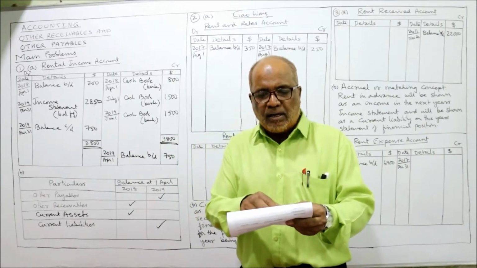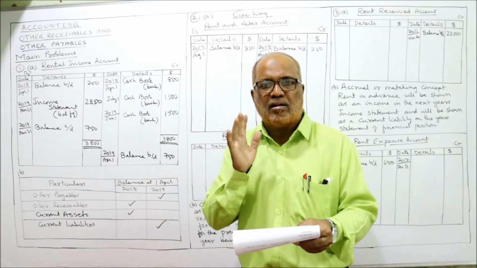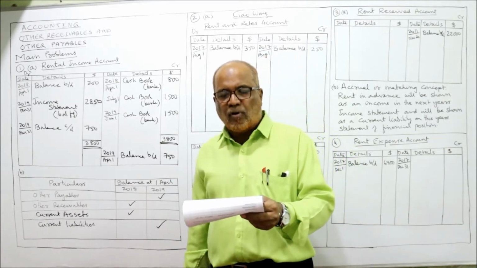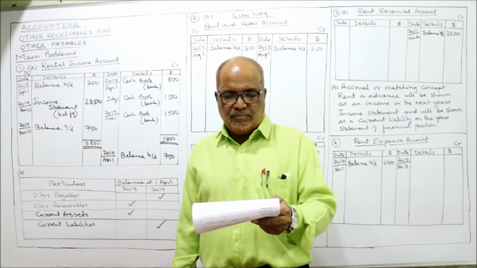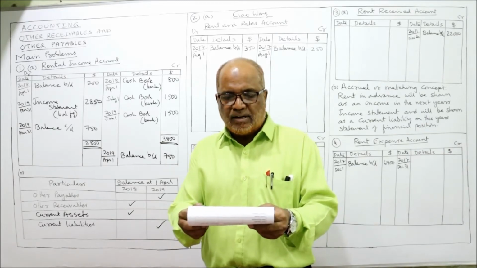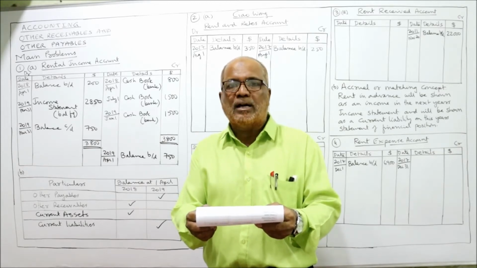We are given the opening and closing balances for rates, rent paid and rent received. During the year, the following transactions took place. Rates: on 1st August 2017, rates paid $1,800; on 1st Feb 2018, paid $200.